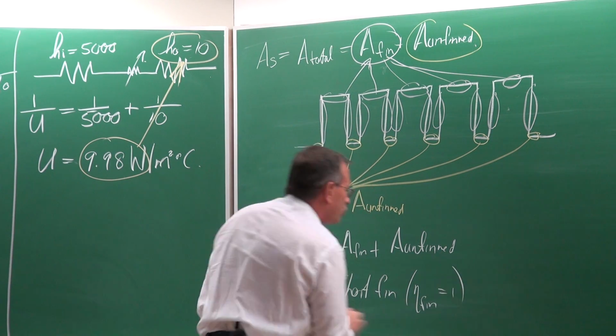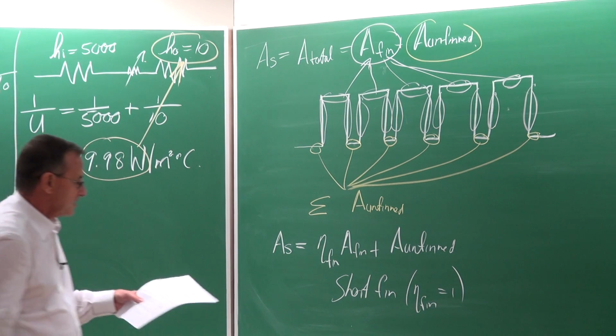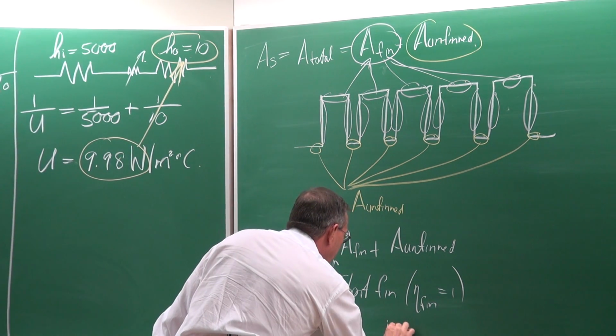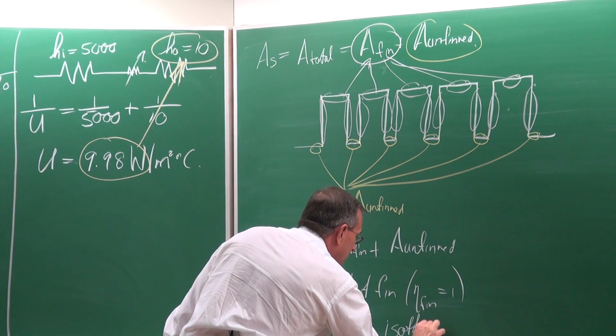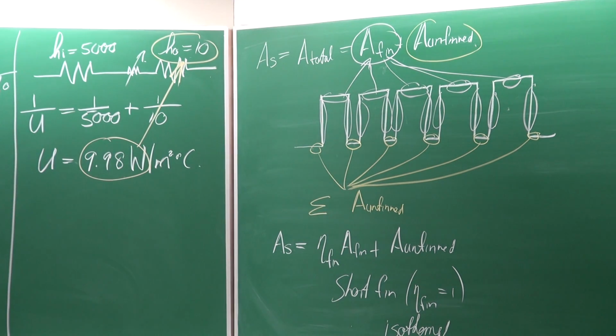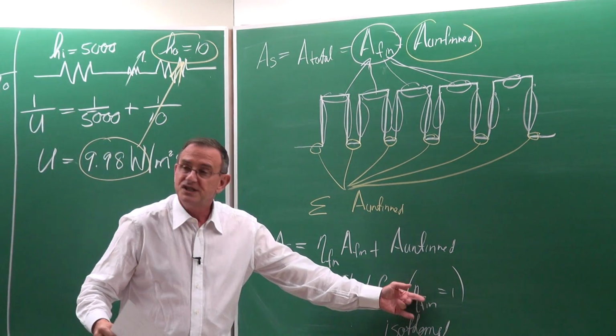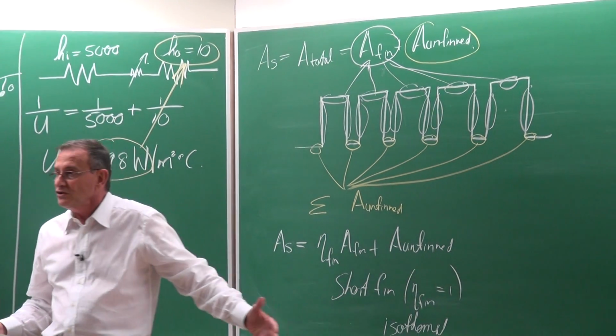okay. So for the short fin, the efficiency is equal to 1, and that is the isothermal case. You've done that in chapter 3 in your textbook. So it doesn't mean this efficiency is always equal to 1. In some cases it will not.